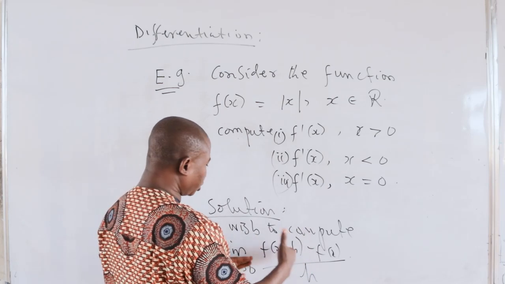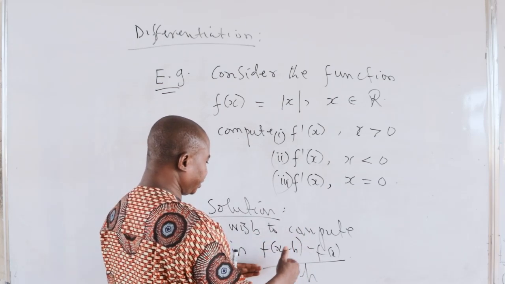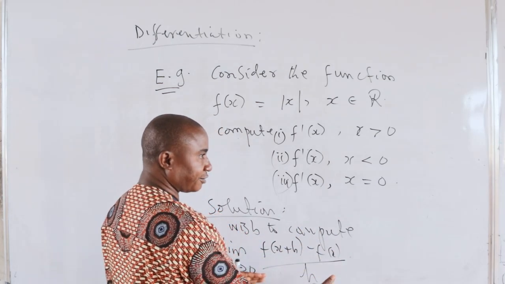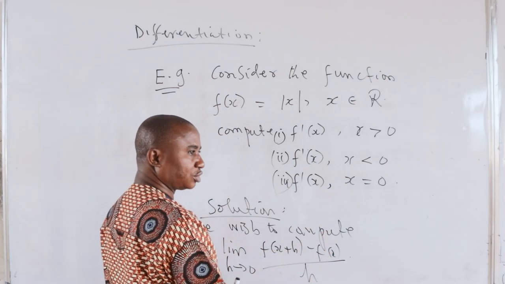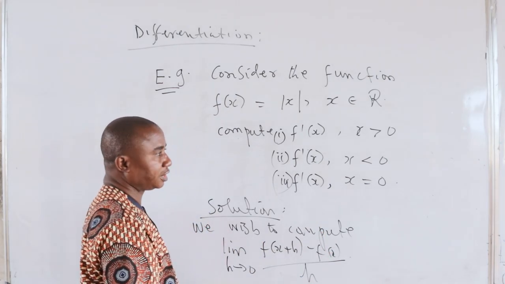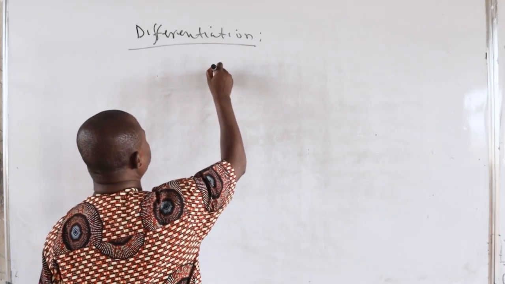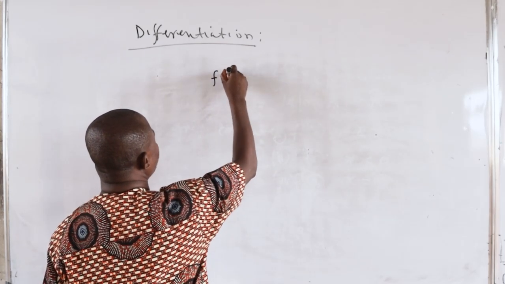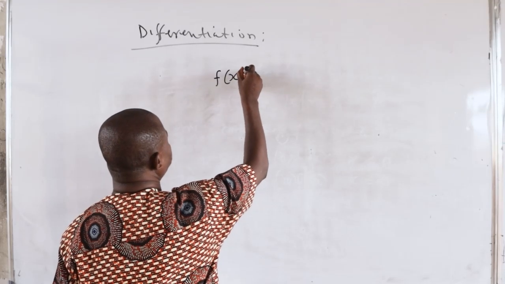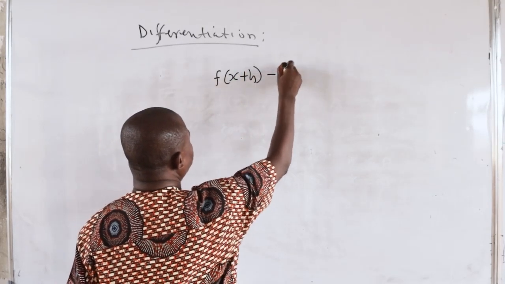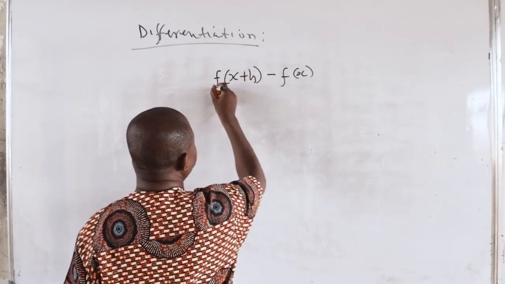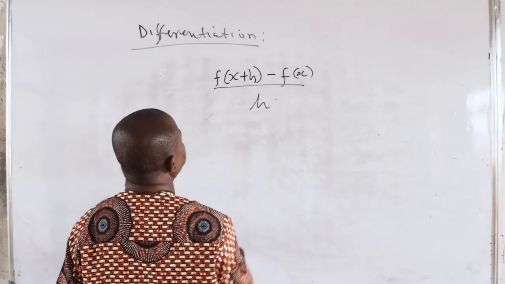So please do not continue to write limit of this, then at the next level write limit of that, and so on and so forth. No, it's wrong. Okay, so let's evaluate, like I said, first the quotient f of x plus h minus f of x divided by h.